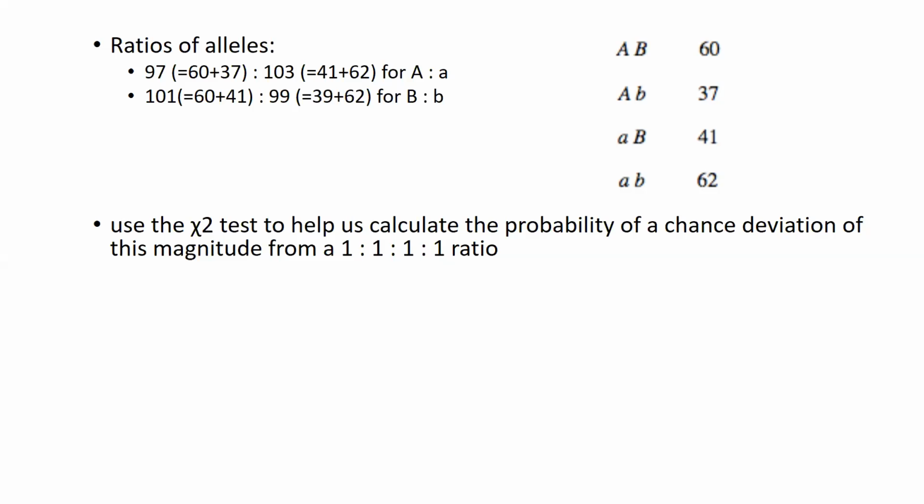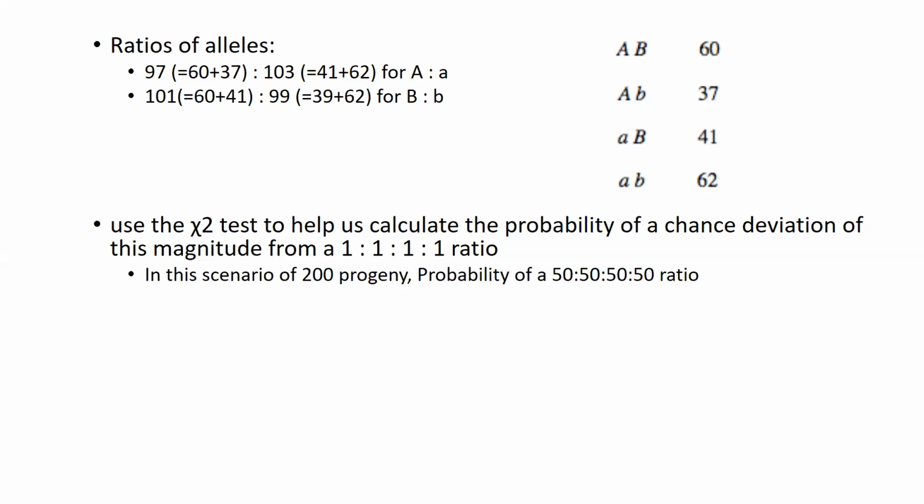So that's our expected values. Since we have 200 progeny, we will take a 50 to 50 to 50 to 50 ratio, because it's 200 divided by 4, right? The total number of progeny divided by 4, because you are looking at a 1-to-1 ratio with all 4 of these genotypic categories, okay?